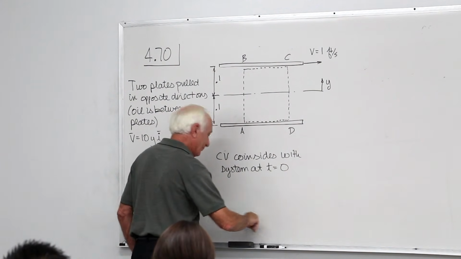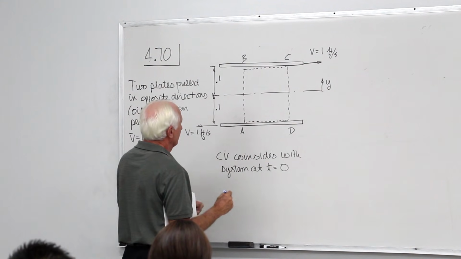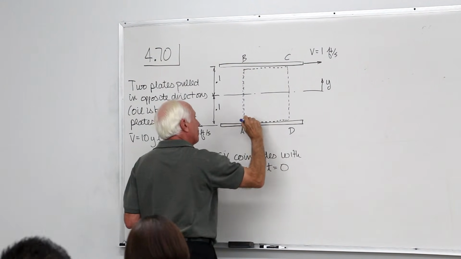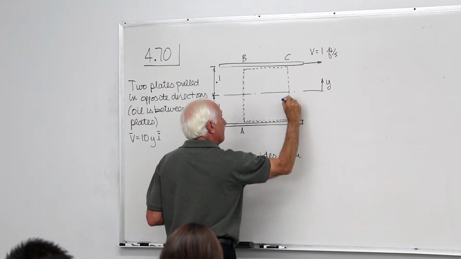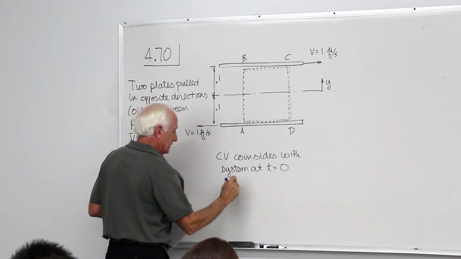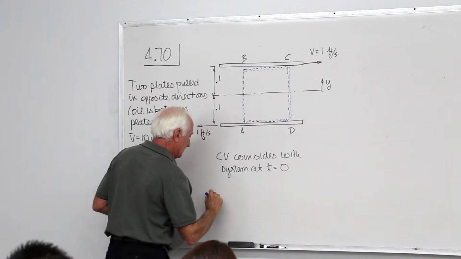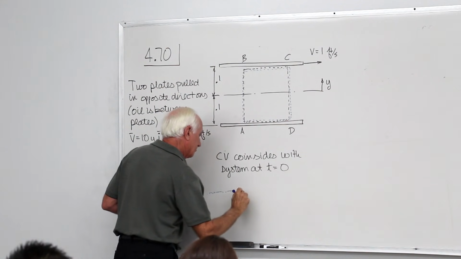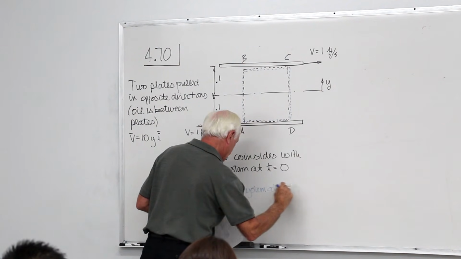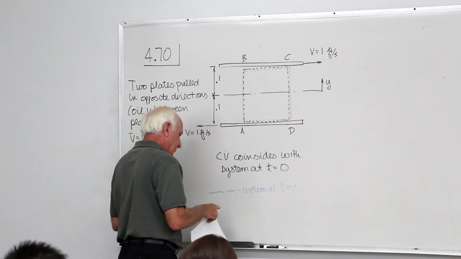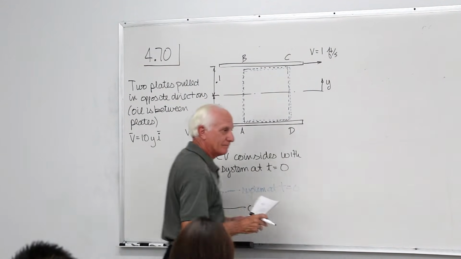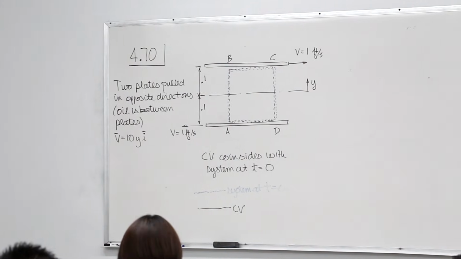So here's the system at time 0, and the control volume for any time. The control volume is not moving. This is the fixed control volume.